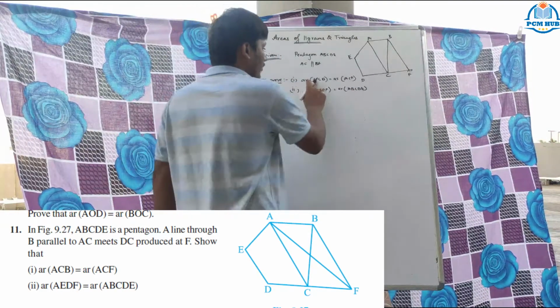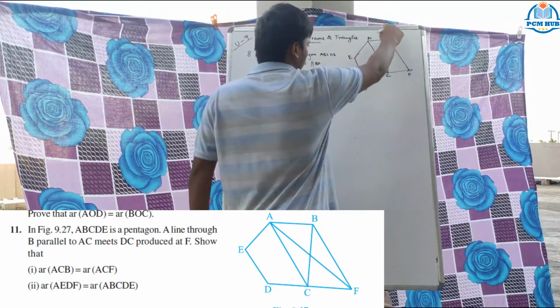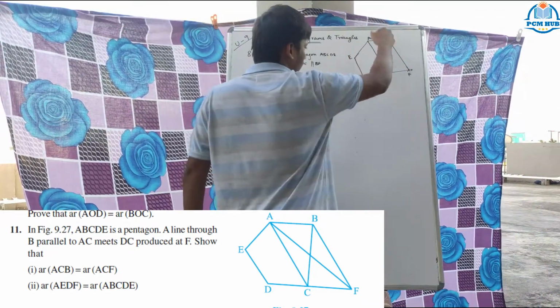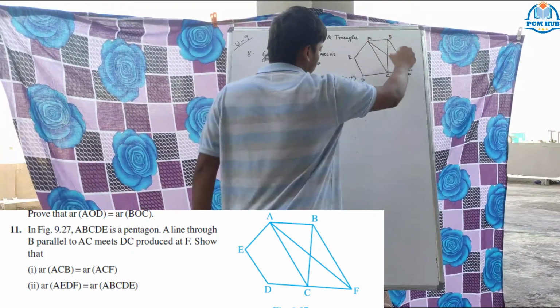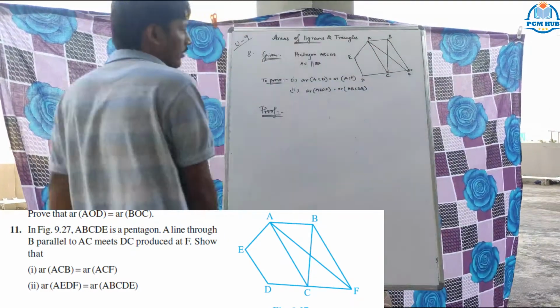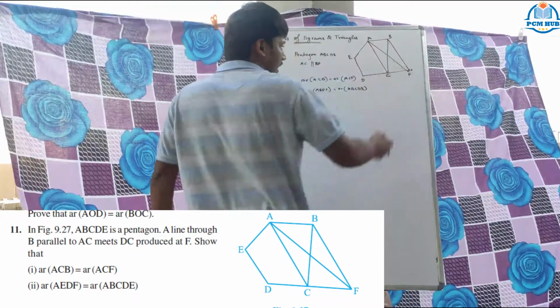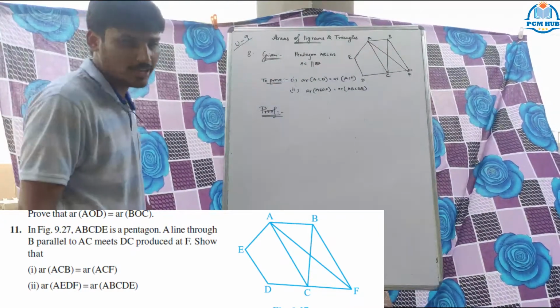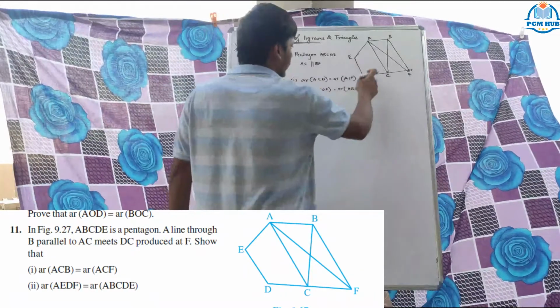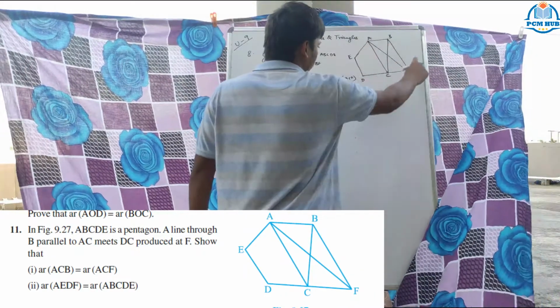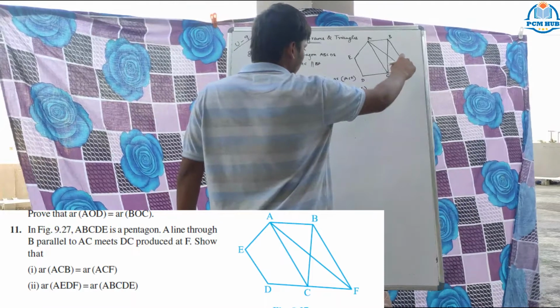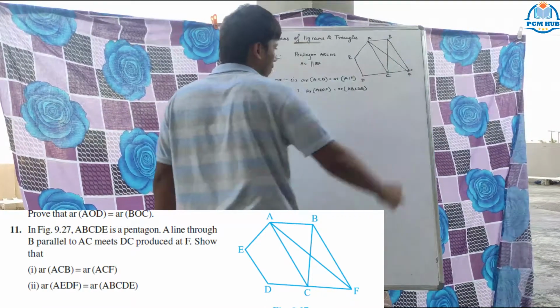First one is area of triangle ACB equals ACF, therefore join this. This we can easily do because they are triangles on the same base and between the same parallels. First point will be done very easily. Second one, AEDF equals ABCD, where ABCD means the pentagon.